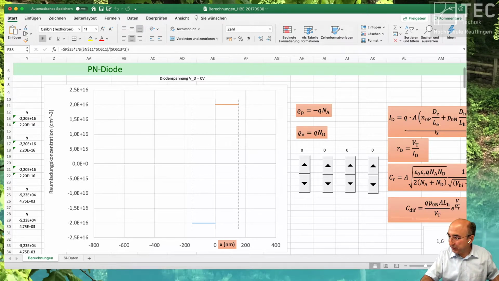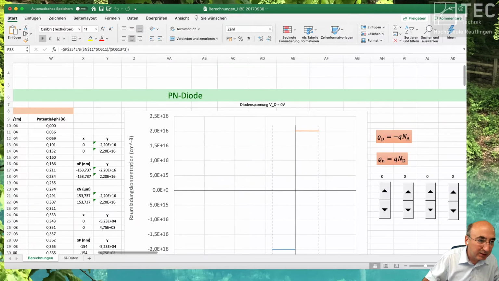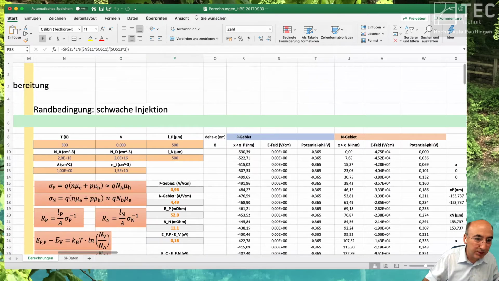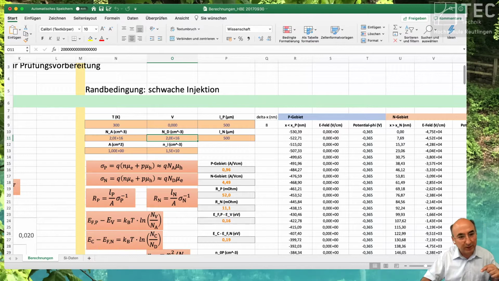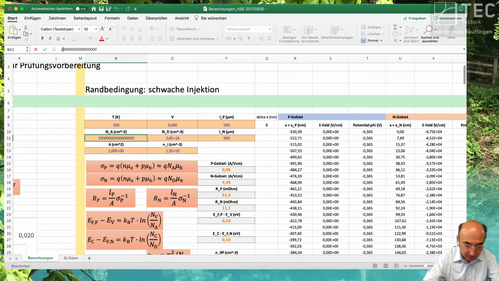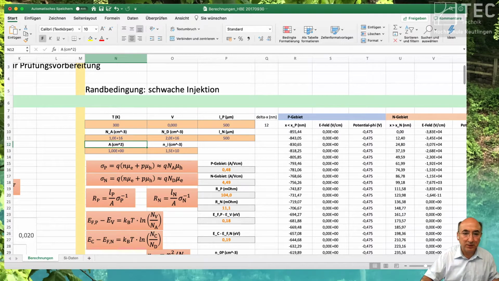So it is now 0.0 volt. Okay, and with these given concentrations, let's also type in the concentrations of our lecture. We have 2 times 10 to the power of 16 at the right-hand side, but 1 times 10 to the power of 16 at the left-hand side.